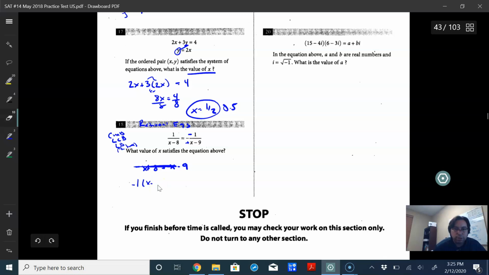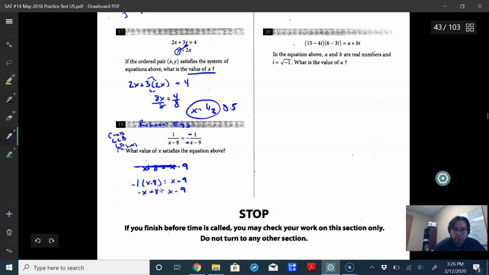So my apologies on this one. x minus 8 equals, times 1, x minus 9. Now distribute the negative: negative x plus 8 equals x minus 9.